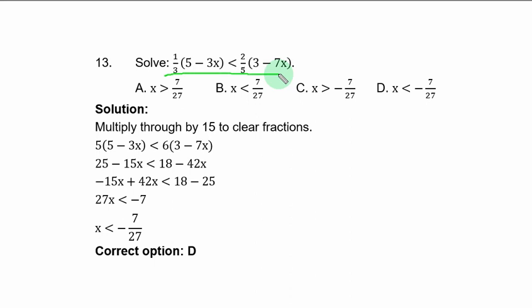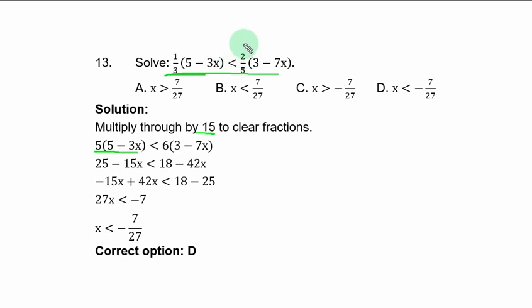You need to clear the fractions, and to do that, multiply through by the LCM of the denominators 3 and 5, which is 15. If you multiply the first term by 15, you have 5 times bracket open 5 minus 3s bracket close.